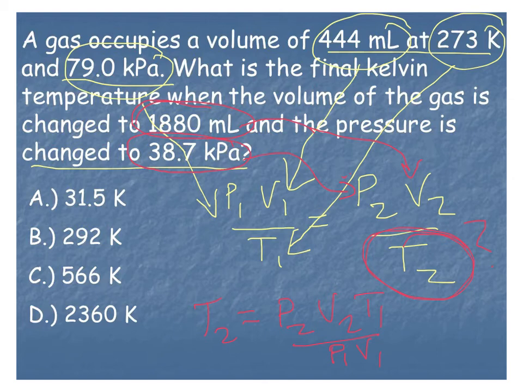All right, so that's that, and then we need T1, so that's 273, and that equals some large number, and then divided by the first volume, which was 444, and the first pressure, which is 79.